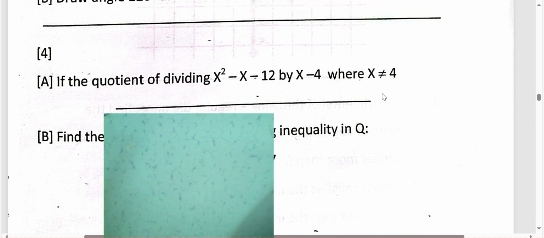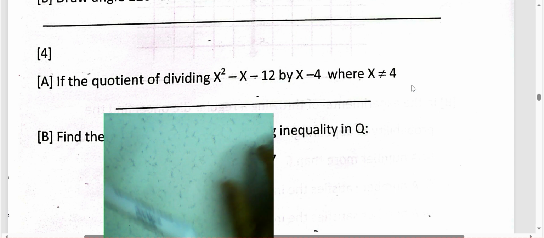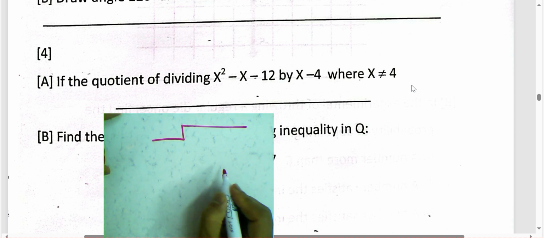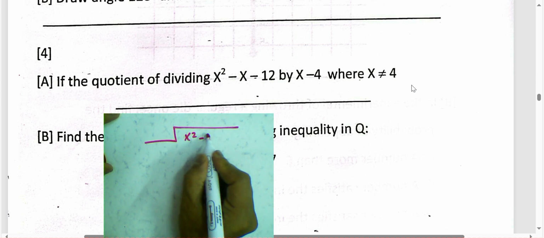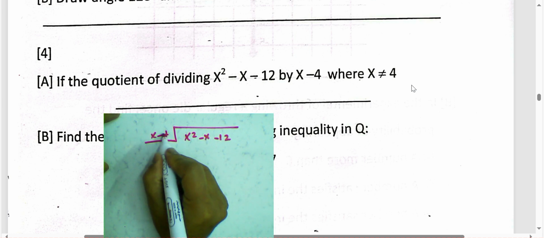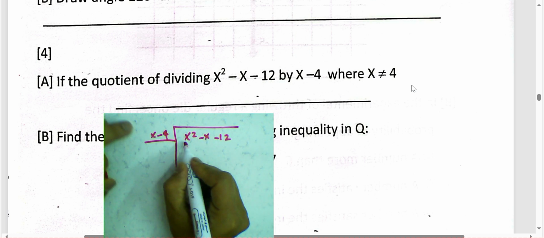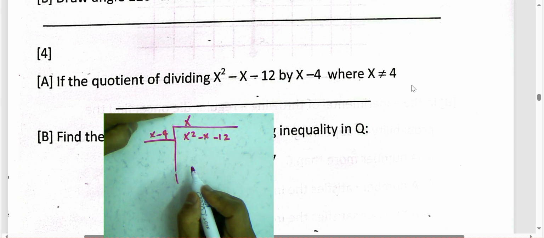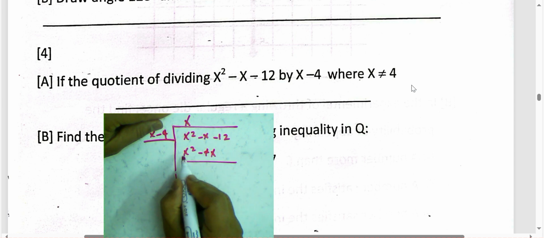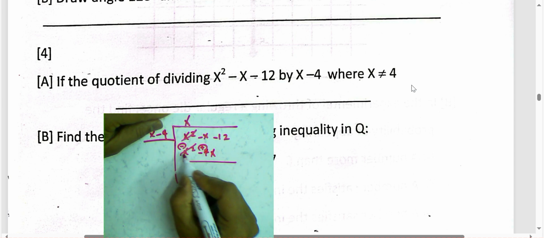Next question. Find the quotient of dividing x squared minus x minus 12 by x minus 4, where x is not equal to 4. We can write the long division. The dividend is x squared minus x minus 12 divided by x minus 4. x squared divided by x equals x, then x times x squared, x times negative 4, change the sign, and cancel.